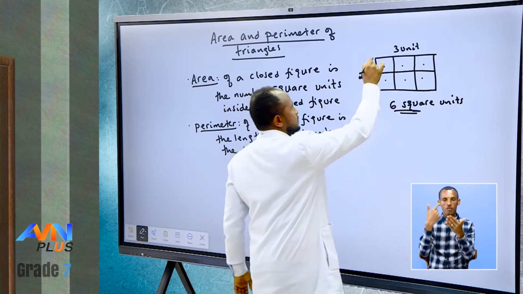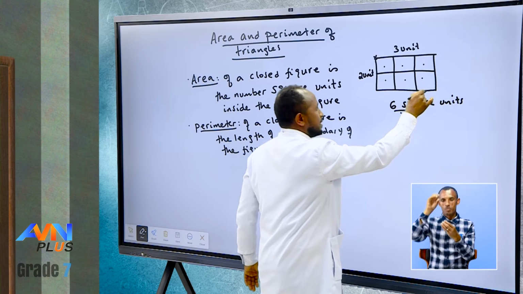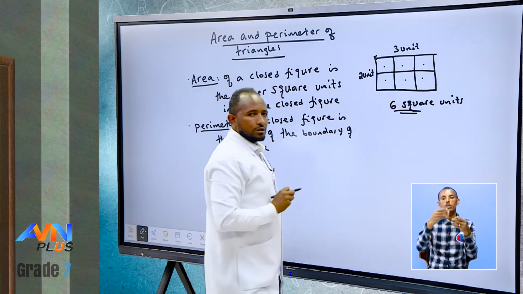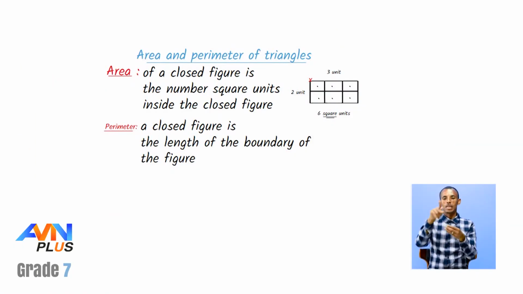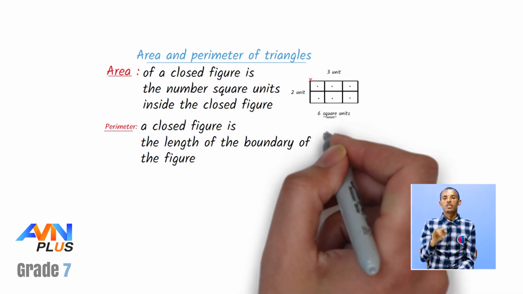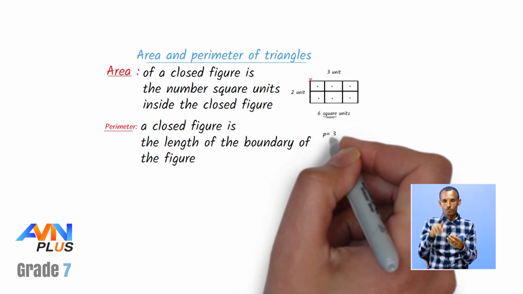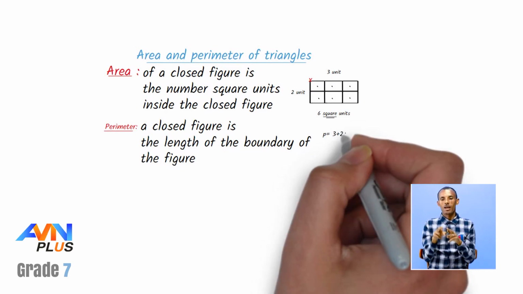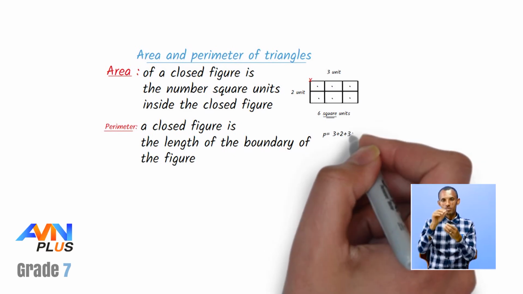Therefore, you start from this length, take this length plus this one, and again this gives you the perimeter of this region. So the perimeter will be 3 units plus 2, assuming this is a rectangle, plus 3 plus 2.